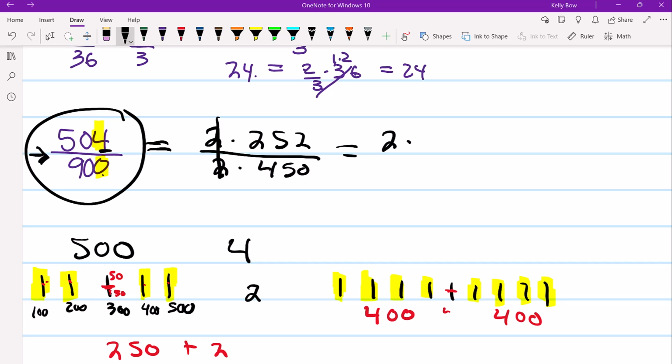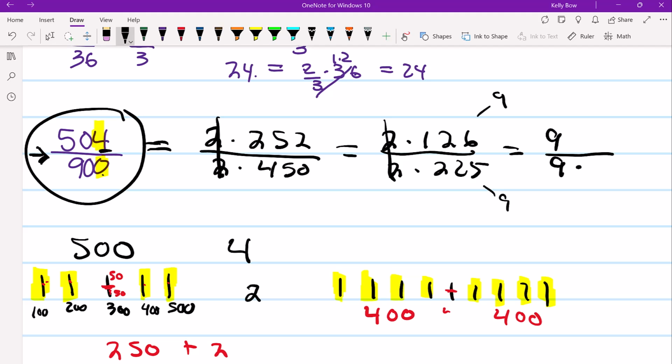Divide by 2, that would be 2 times 126. This would be 2 times 225. Now this one's interesting. This is when you can use divisibility rules. So notice 1 plus 2 is 3 plus 6 is 9. 2 plus 2 is 4 plus 5. So right away, we know both of those have a factor of 9. And just use a calculator. 126 divided by 9 looks like it could be 14.